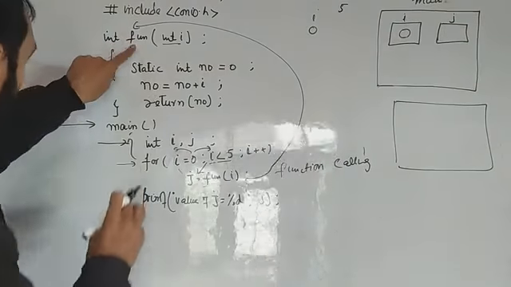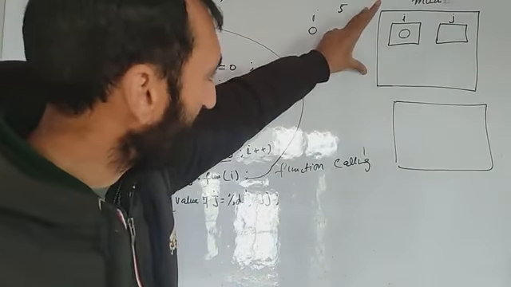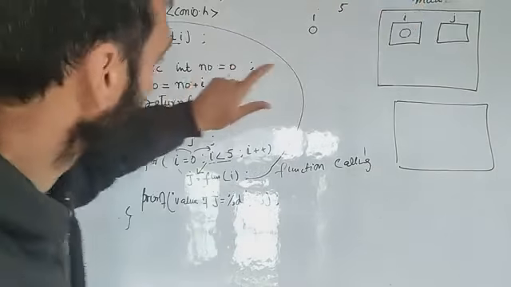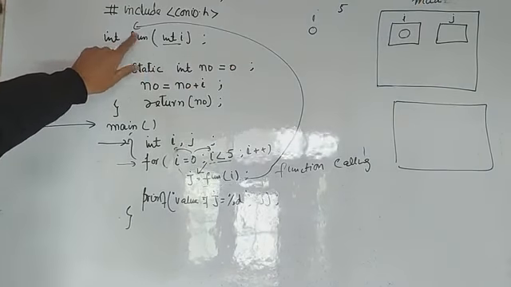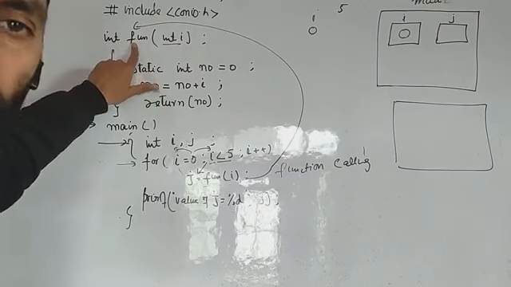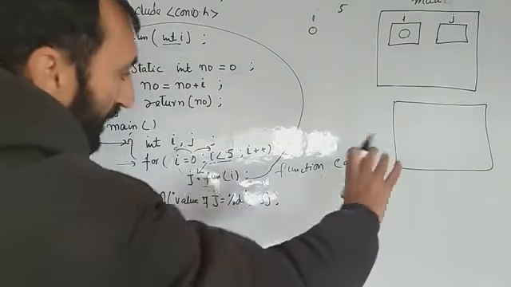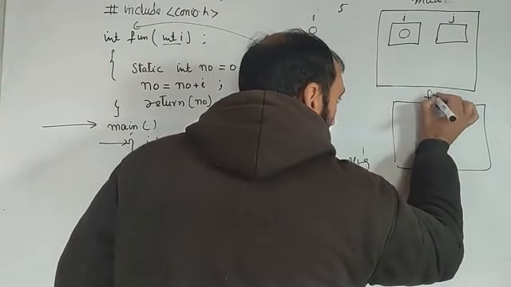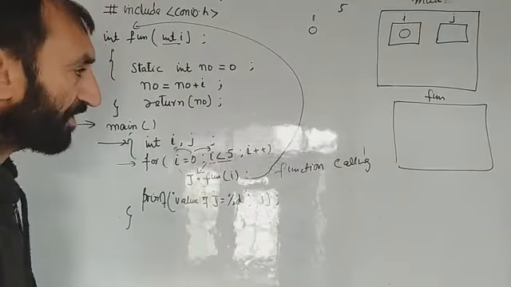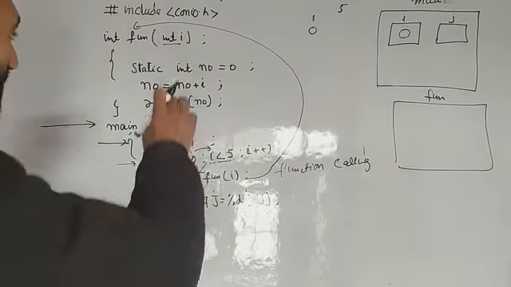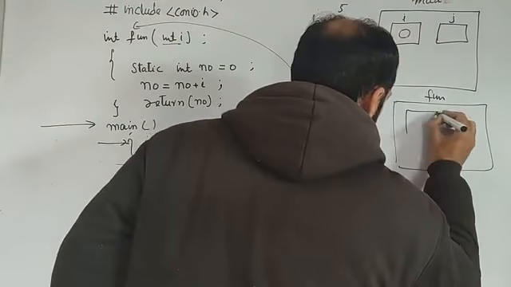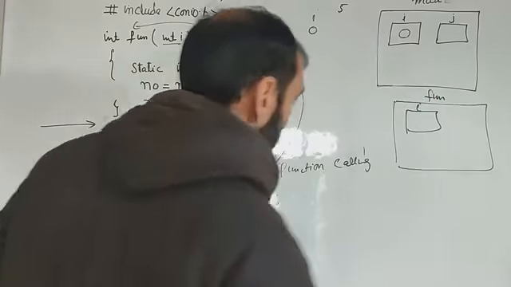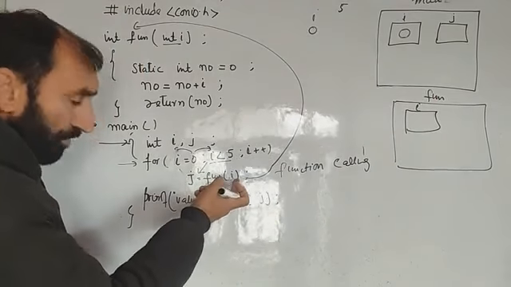For this function, memory is allocated by the memory manager. For example, this is the memory which has been allocated by the memory manager for this fun function, and in this fun function I also have a variable i.